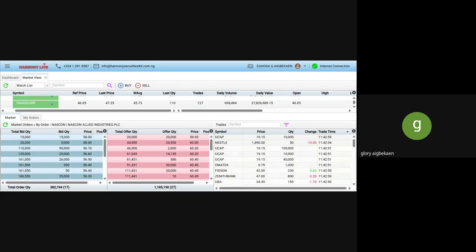This is less than 2 hours of trade. The market will close by 2:30 p.m., so we still have more than 2.5 hours, close to 3 hours, left for trading.